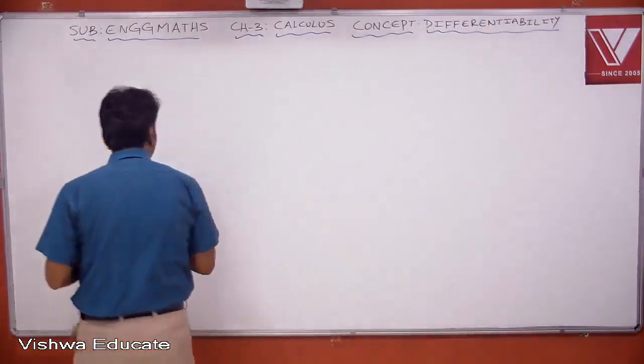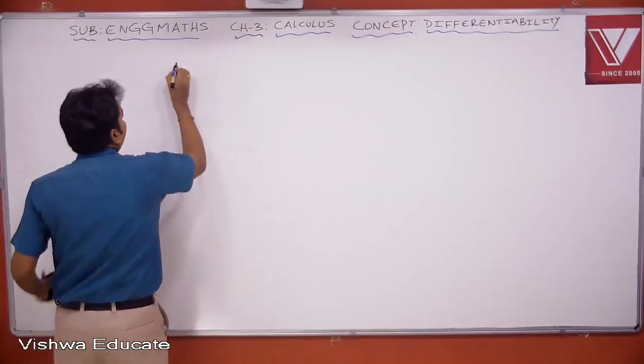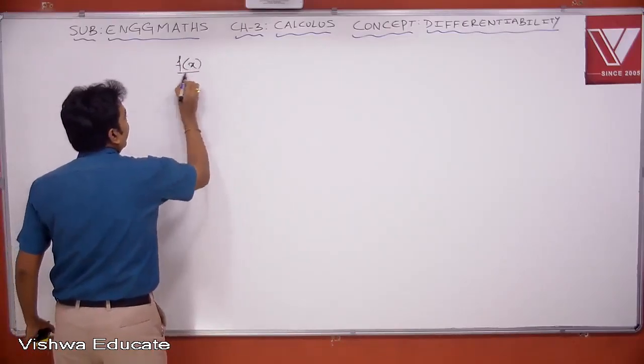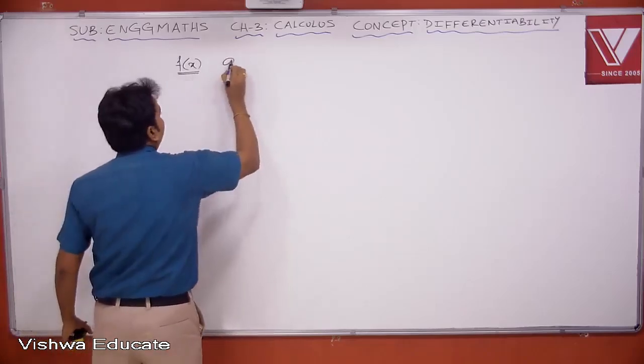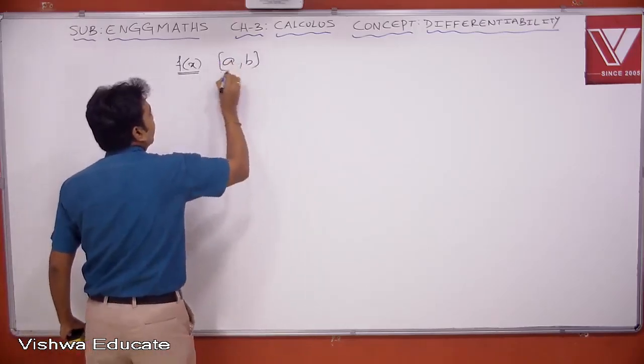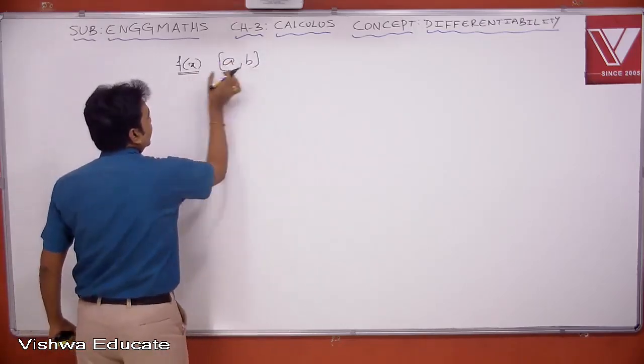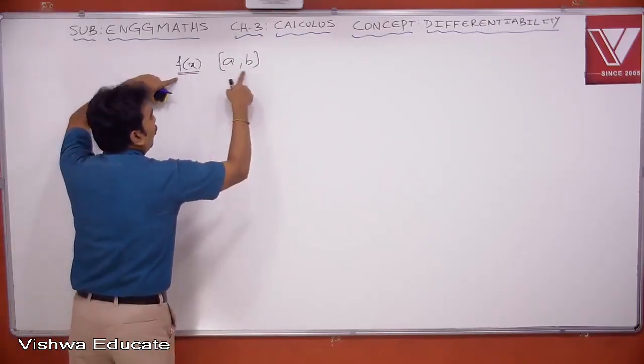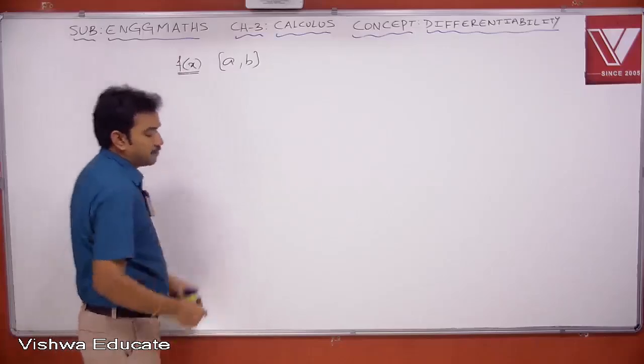We were in the discussion of examples. See, we have seen in the last session the differentiability of a function f of x in closed interval a comma b. When do we say that f of x is differentiable in this interval?